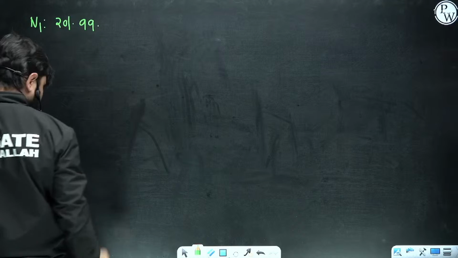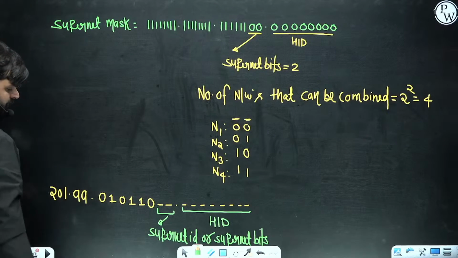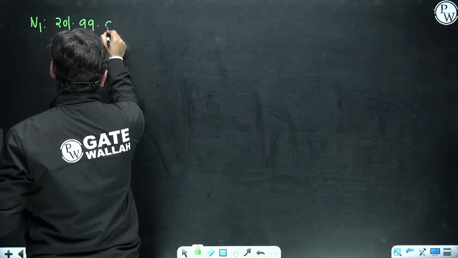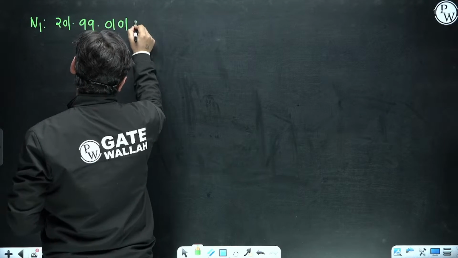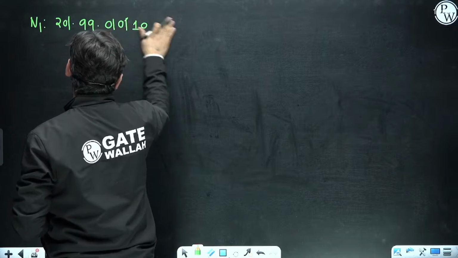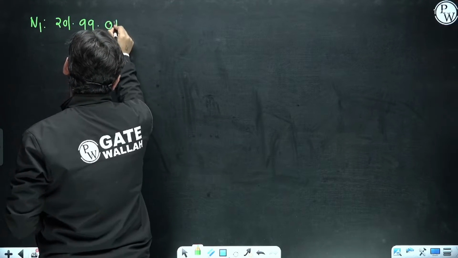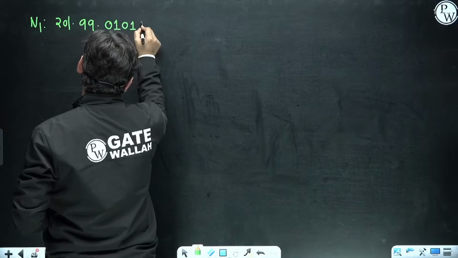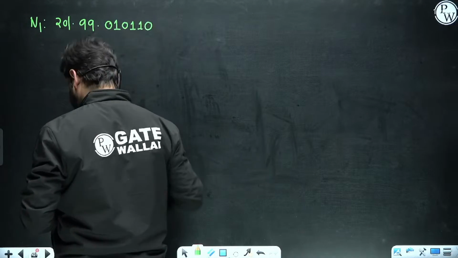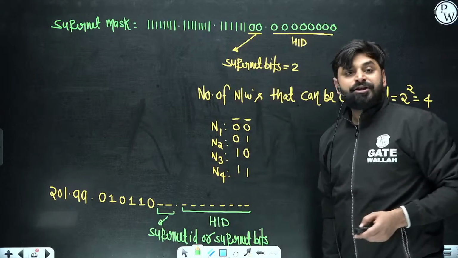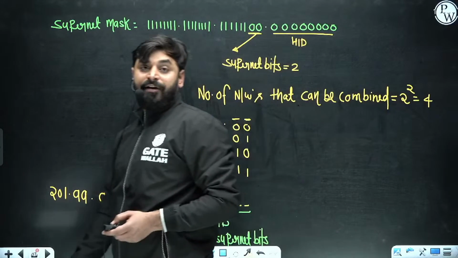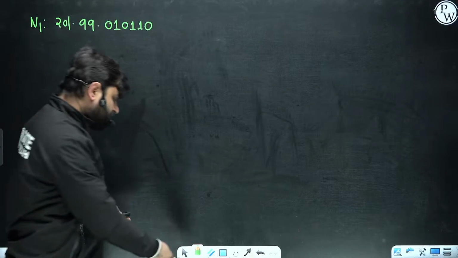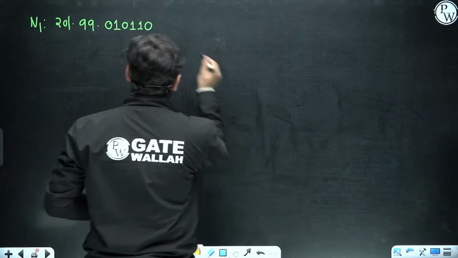201.99, 010110. For the N1 network, the first 2 bits will be 00.